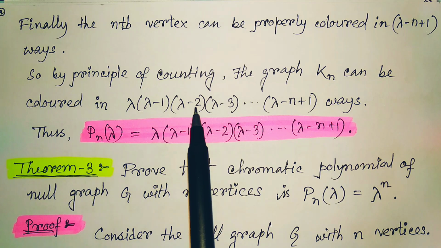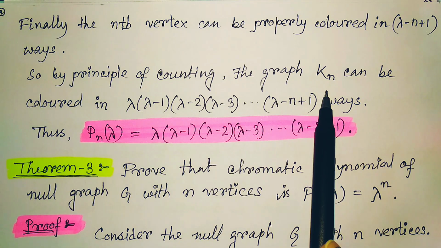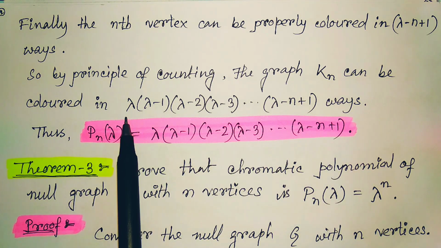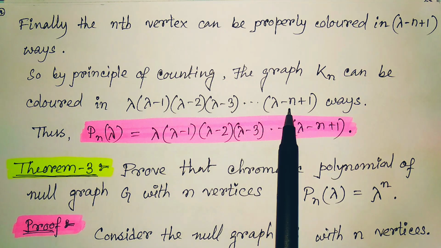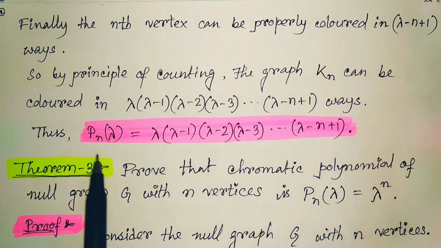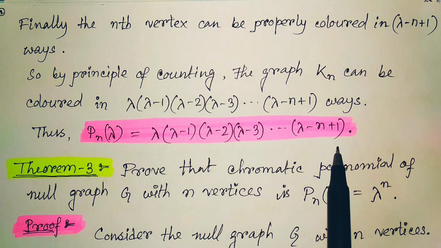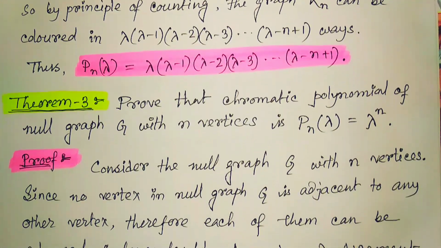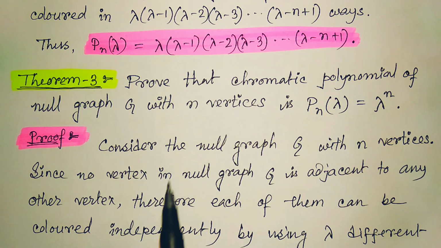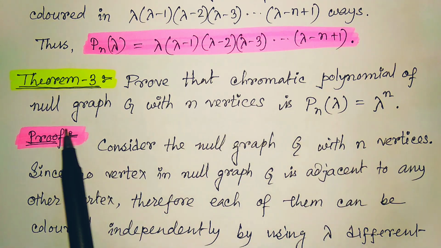So by the principle of counting, the graph Kn can be colored in lambda into lambda minus 1 into lambda minus 2, in this way up to lambda minus n plus 1 ways. Thus, this is the chromatic polynomial for a complete graph with n vertices. Hence the proof.